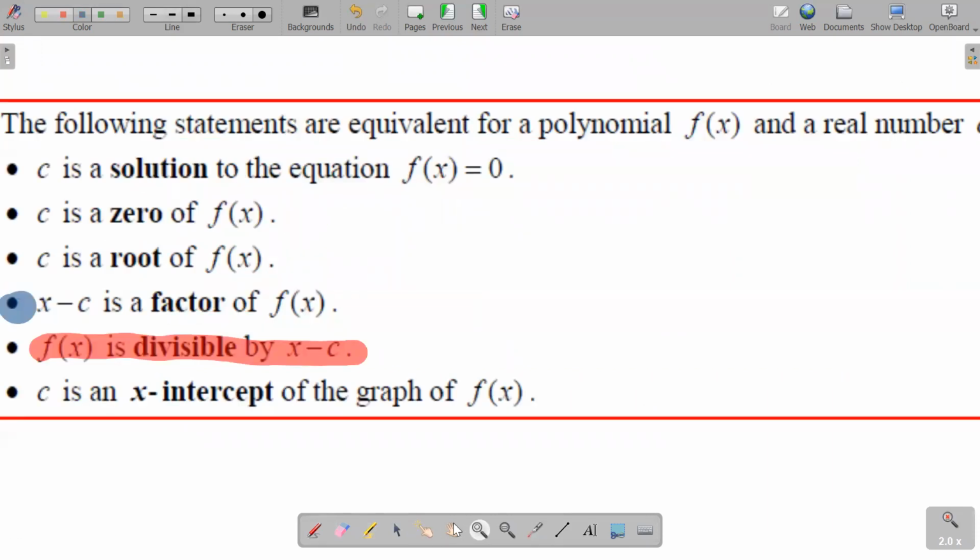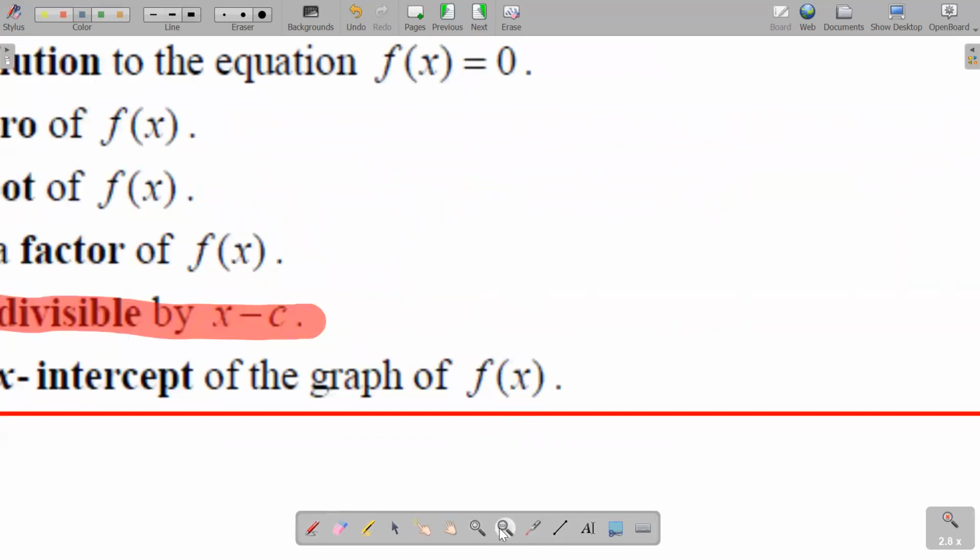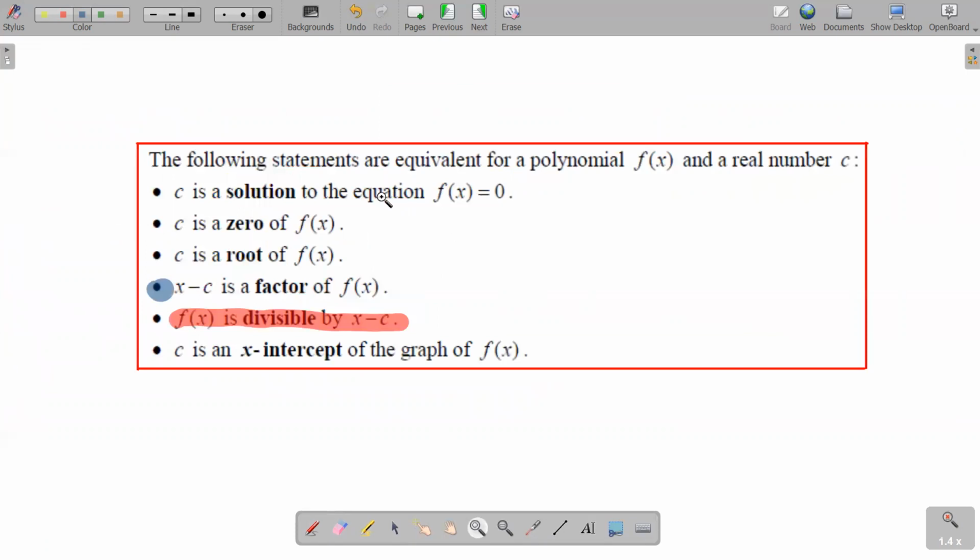But they could say also that c is a solution to the equation f of x equal to 0. And that is another statement of the factor theorem, right? Because when c is a solution of the function of x equal to 0, that means that it's a factor. That means that f of c is equal to 0.